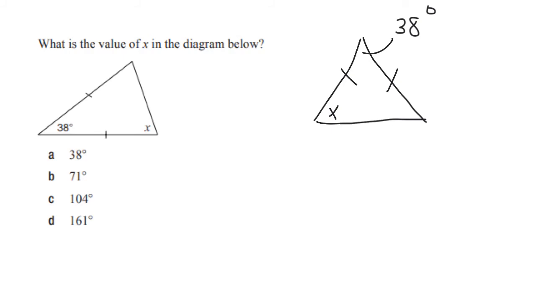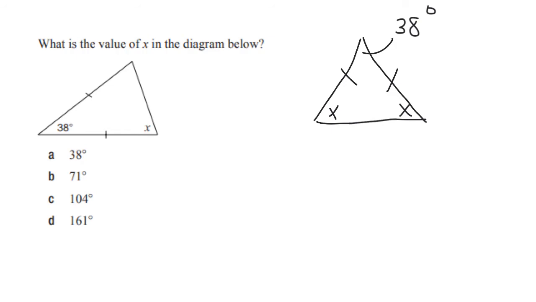to solve for x. Because I know that these two sides are equal in length, that also means that these two bottom interior angles are also going to be equal. So if they've labeled this corner as angle x, then this right-hand corner is also going to be the same value.